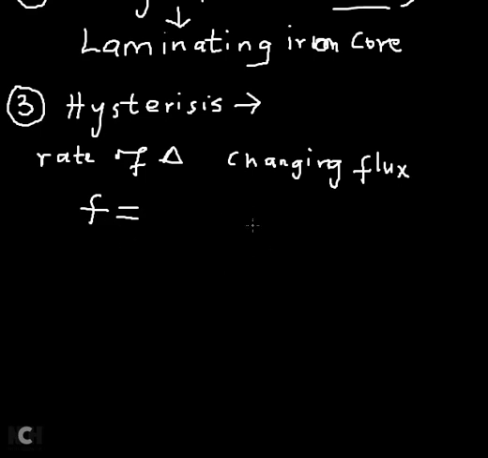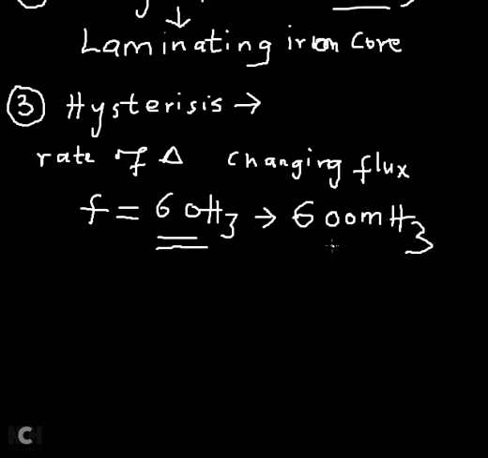For example, the alternating current that you receive in your house has a frequency of 60 hertz, which is high. Compared to some other higher frequencies, like in radio transmission, you get alternating currents with frequencies up to 600 megahertz, very high.